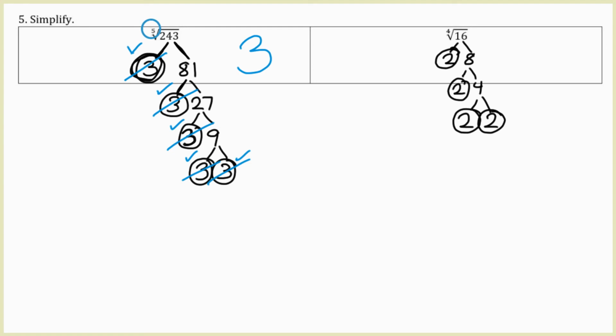This time, our root is a 4. So in this particular algorithm, you need the number mentioned 4 times. So we have 1, 2, 3, 4. So they all get to escape, but only one survives.